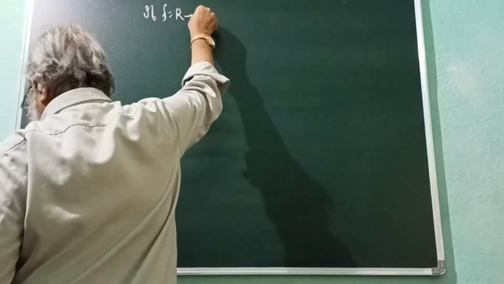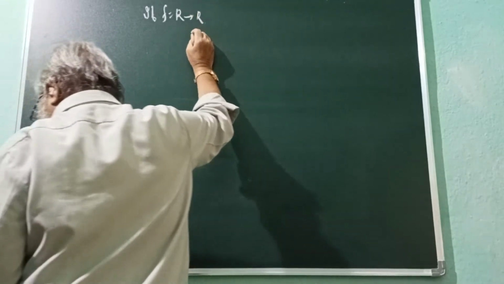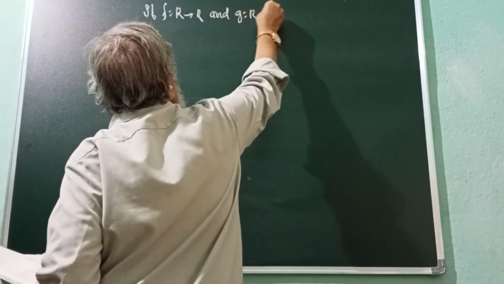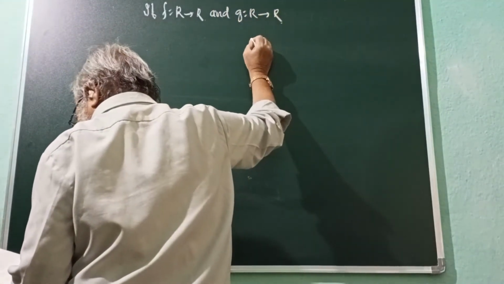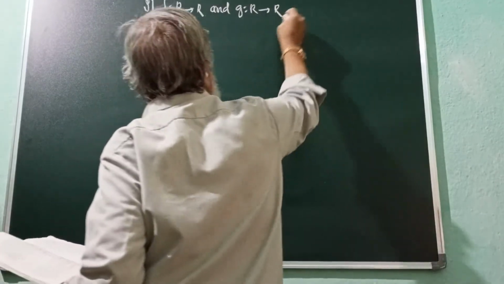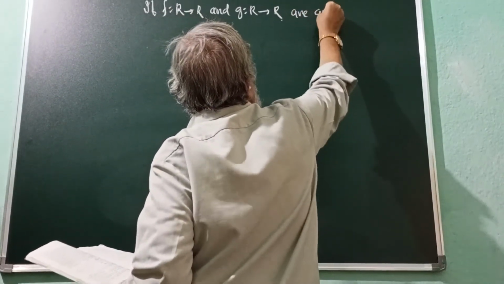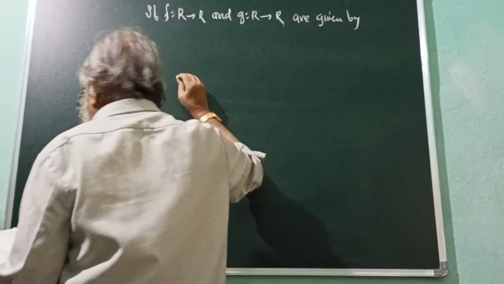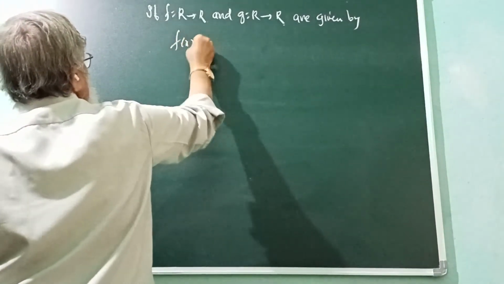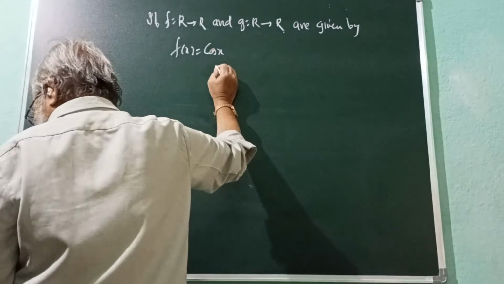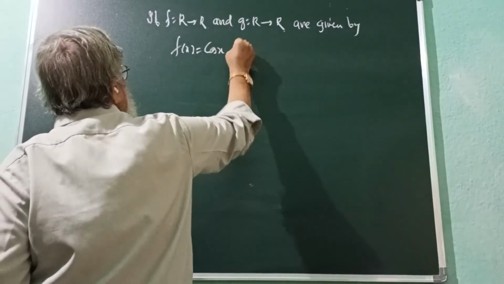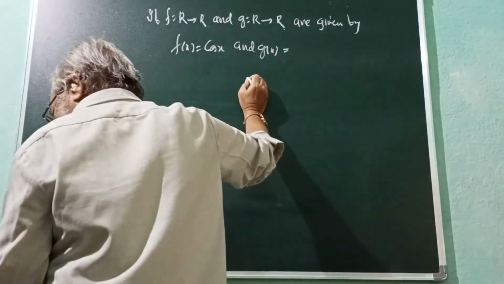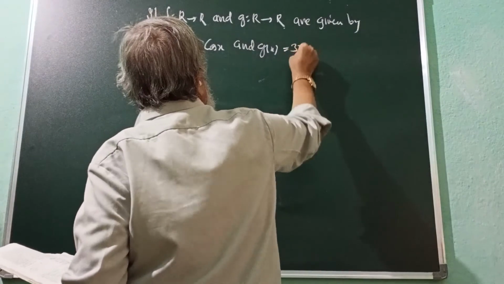f: R to R and g: R to R are given by f(x) is equal to cos x and g(x) is equal to 3x square.